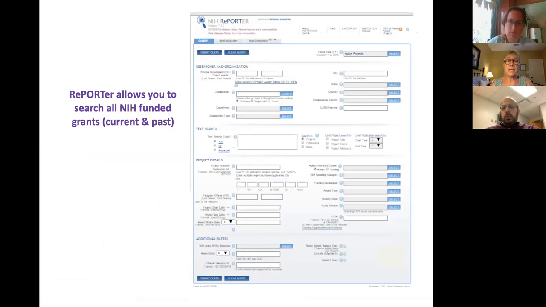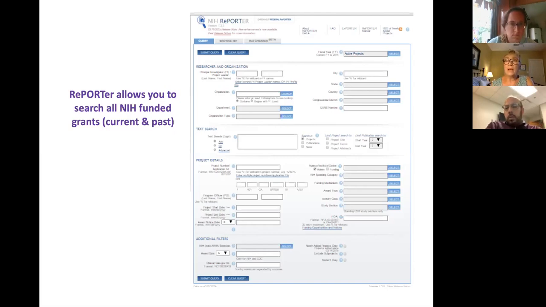So there's a database called Reporter, the NIH Reporter. And the NIH Reporter is every grant that's been funded probably for the last 15 or 20 years. If you don't change the dates, it just gives you the grants that exist right now. But you can use this to search by topic.